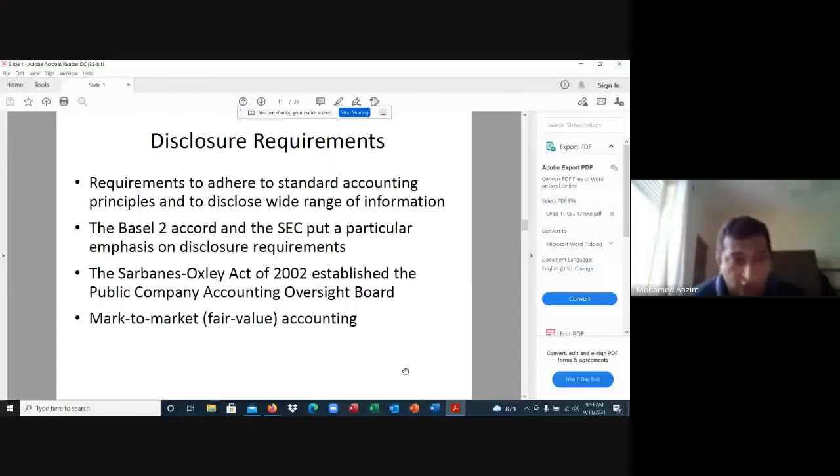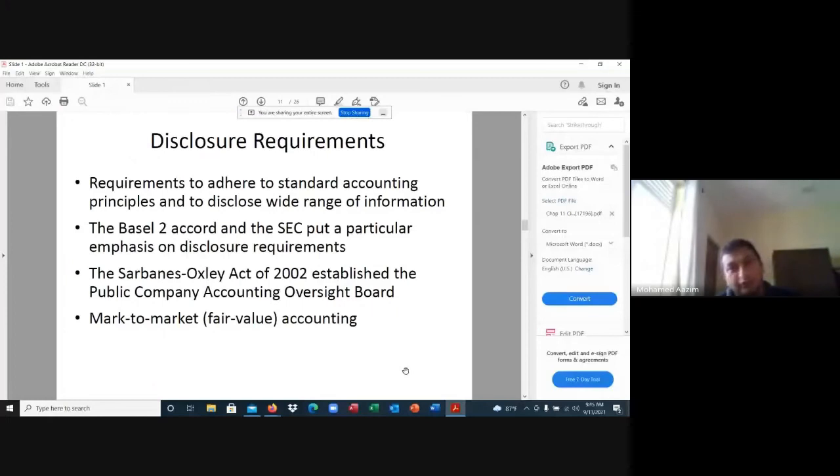You can't have accounting practices that are not in line with international standards of practice, so that you can compare your accounts with the accounts published by another financial intermediary in another jurisdiction.